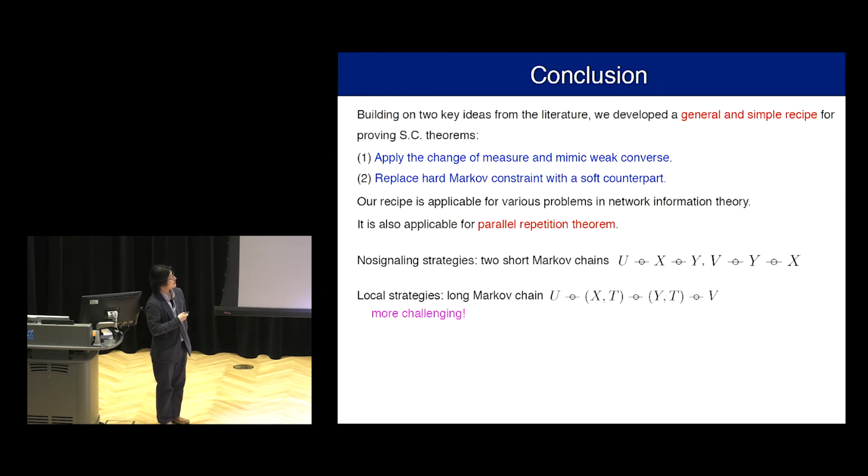In the case of non-signaling strategies, we have two short Markov chain constraints. And in this case, it is relatively easy to identify an appropriate penalized function. But in the case of local strategy, we have this kind of long Markov chain constraint, and it's more challenging to find an appropriate penalized function.